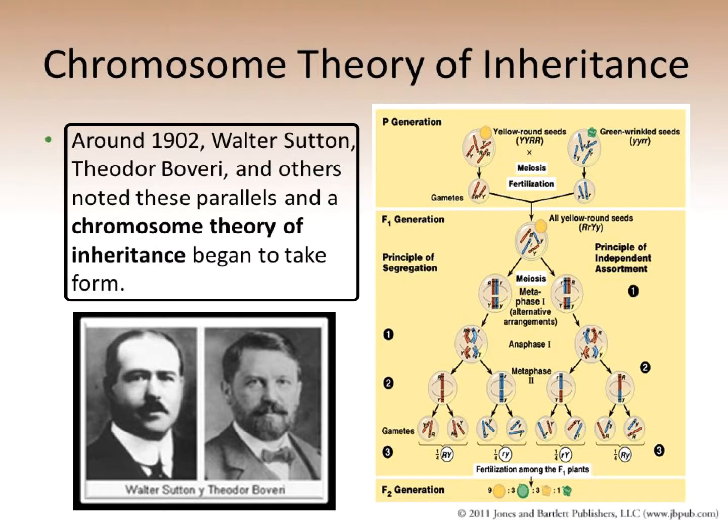Then in 1902, Walter Sutton and Theodore Boveri and others noted that characters followed along with how the chromosomes were inherited. So they came up with the chromosome theory of inheritance.